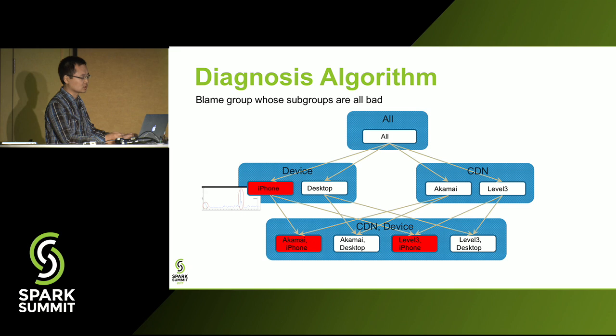Whenever we find an anomaly, we recursively drill down to find the root cause of the issue. The search ends when we find a group whose subgroups are all bad. Like in this case, because all the subgroups of iPhone are bad, we return the iPhone as a root cause.